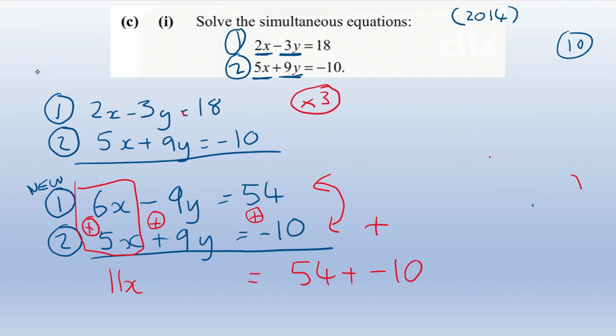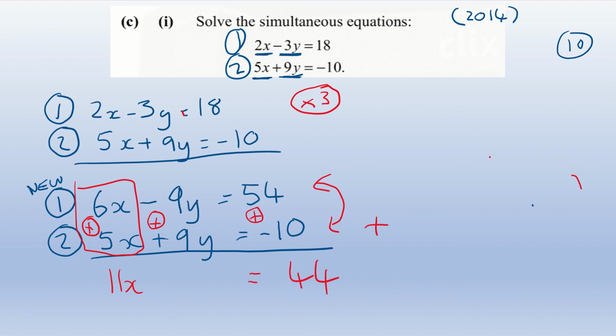You know that if you have a plus and a minus coming together, that's the same thing. It's the same logic as a plus multiplied by a minus, and we all know that a plus multiplied by a minus is a minus. So I'm going to take those two things out, and we're going to have 54 minus 10. 54 minus 10 is 44.